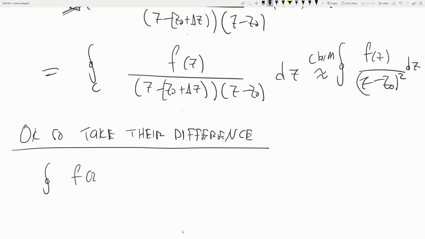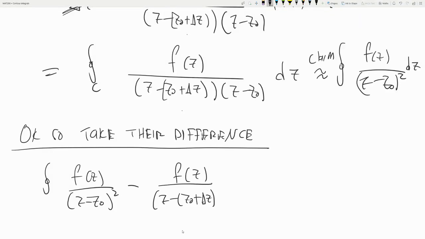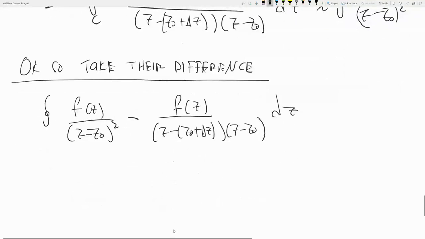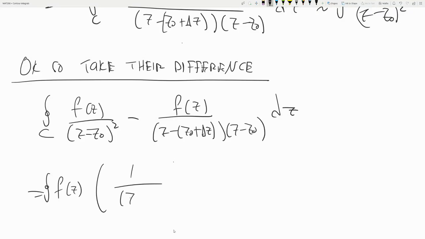So we have f of z over the desired formula and f of z minus the thing we want to get. Same thing. Write down what it gives you.